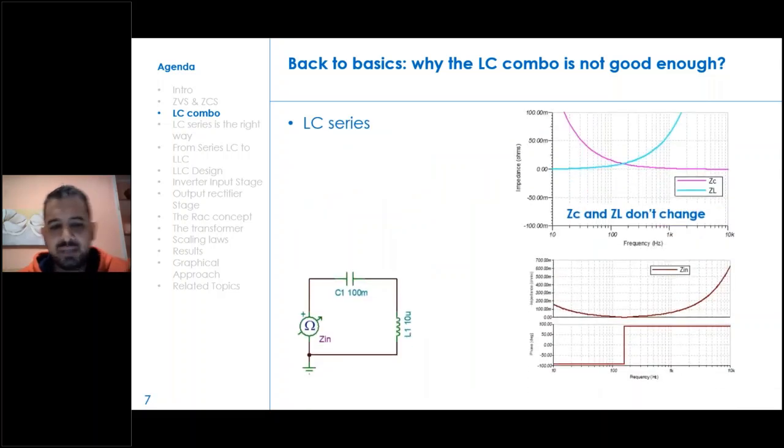What about the LC series? Moving to the complementary configuration, that is this one, and repeating the input impedance measurements, we get a complementary behavior. Here the inductor and the capacitor are forced to have the same current because they are in series, and the same impedance at the resonance because the single impedance doesn't change.